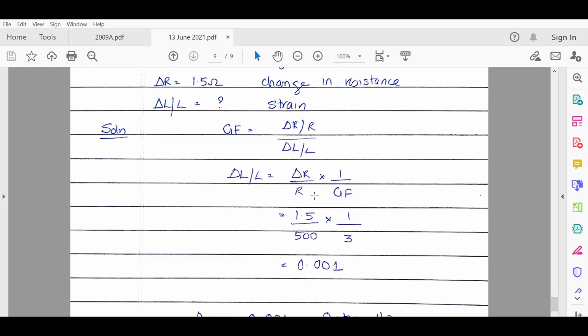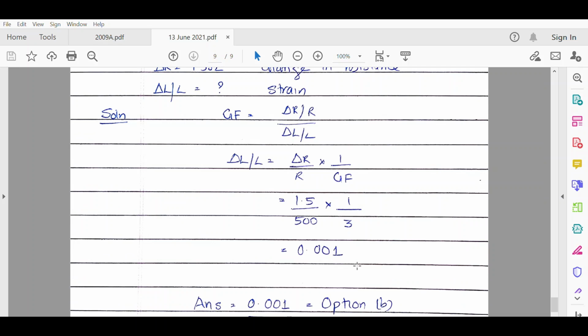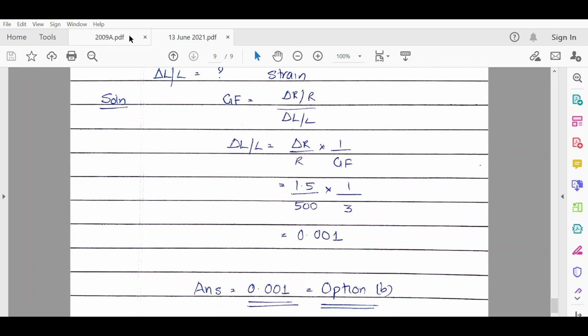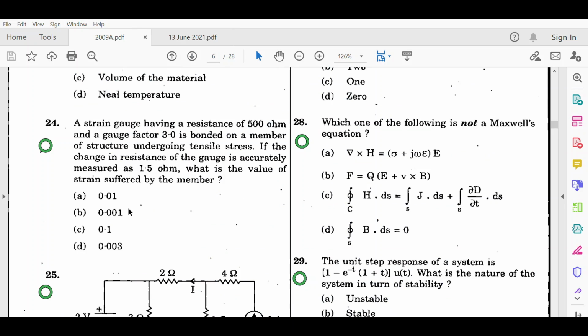Now we can substitute the values for delta R as 1.5, R as 500 and the gauge factor as 3 and come to the answer that strain is equal to 0.001. Now let us see the options. Now the option B gives the answer as 0.001. So the option B is the correct answer.